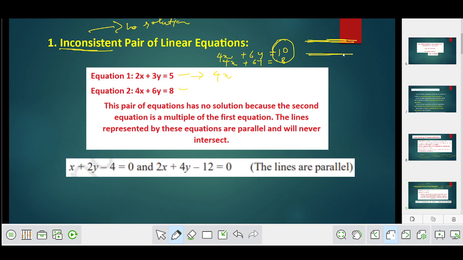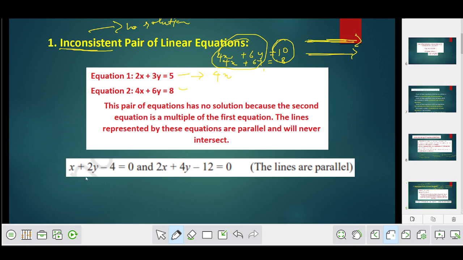If the coefficients are the same and the constant term is different, this pair of equations has no solution, because the second equation is a multiple of the first. The lines represented by these equations are parallel and will never intersect.